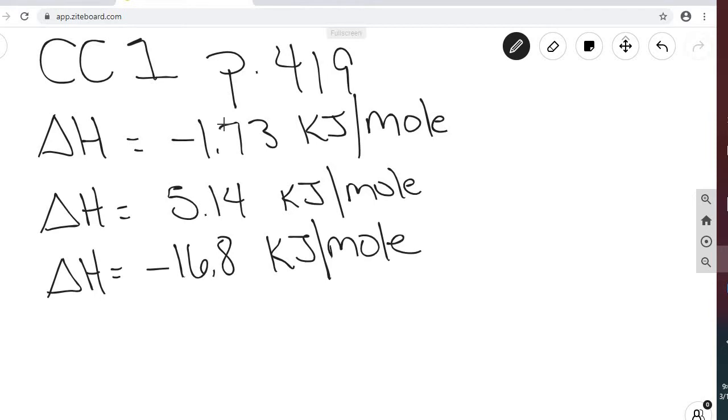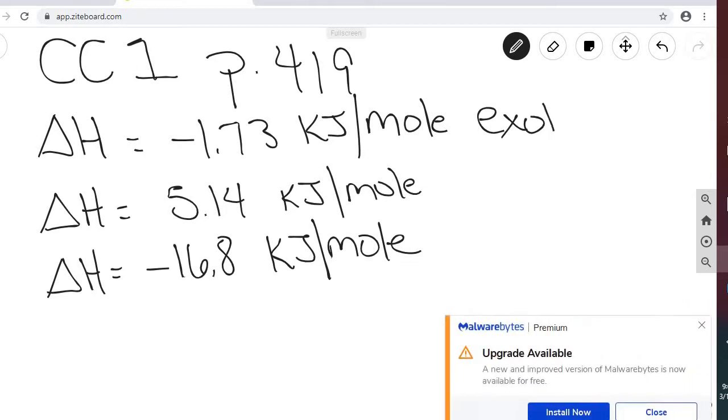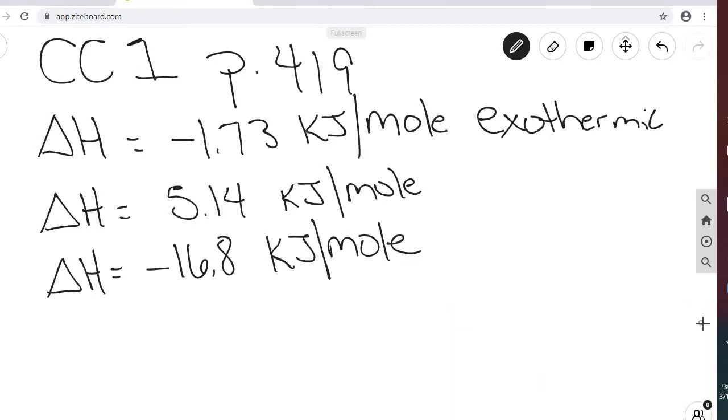We first want to know whether each reaction is endothermic or exothermic. Remember, if delta H is negative, it's an exothermic reaction. So this is exothermic, and this one also would be exothermic.